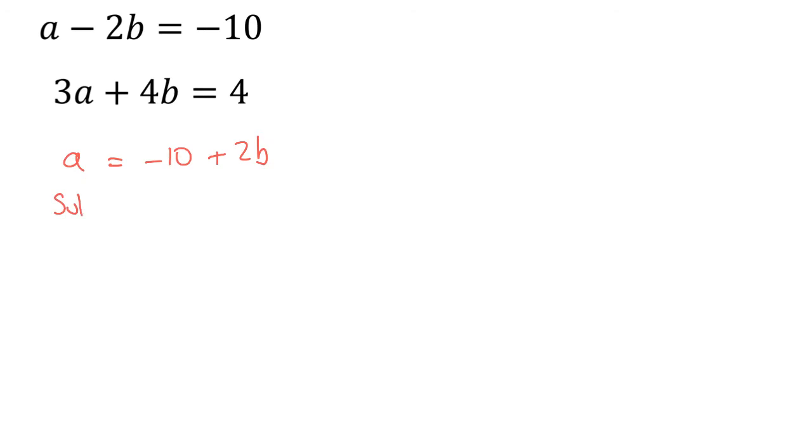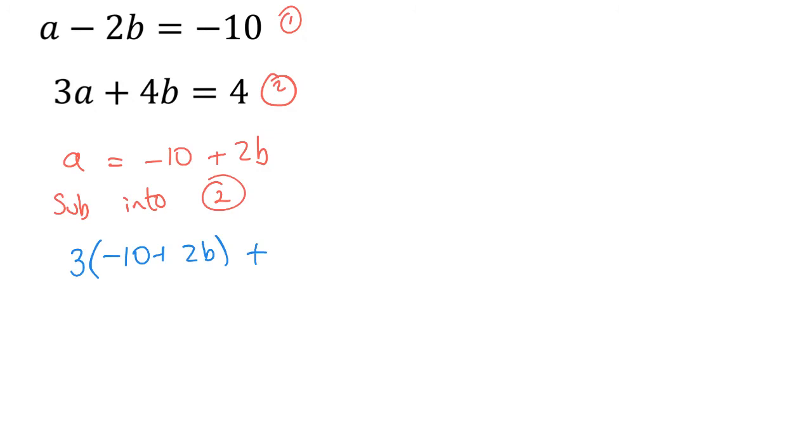And we can substitute that into the second equation. So this is equation 1 and that's equation 2. What we get is 3 times a, which is minus 10 plus 2b, plus 4b is equal to 4.